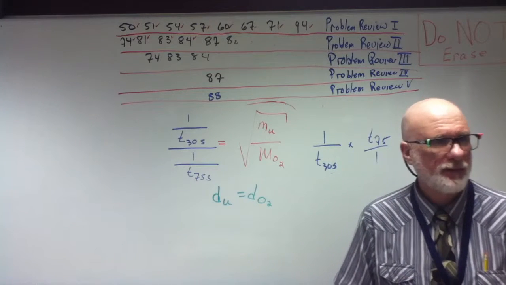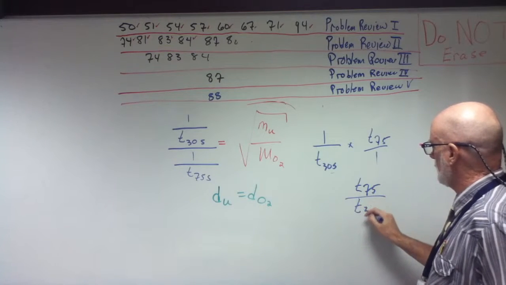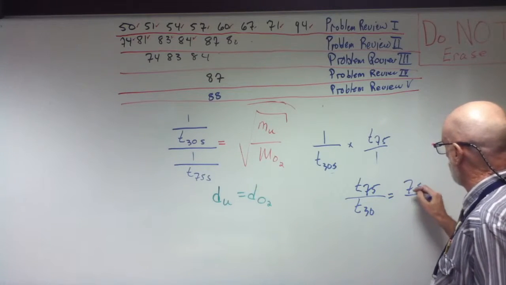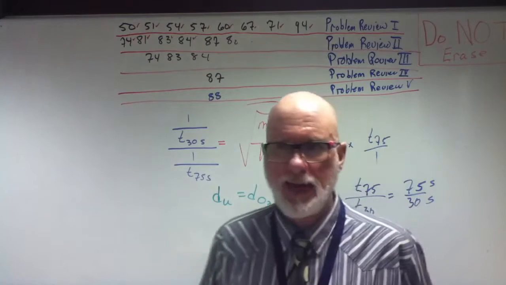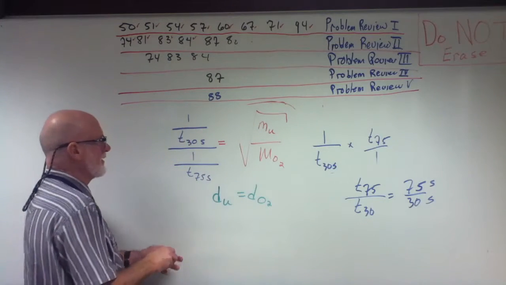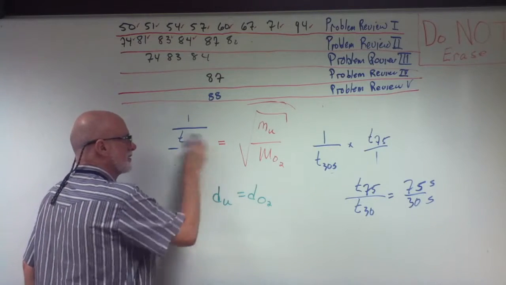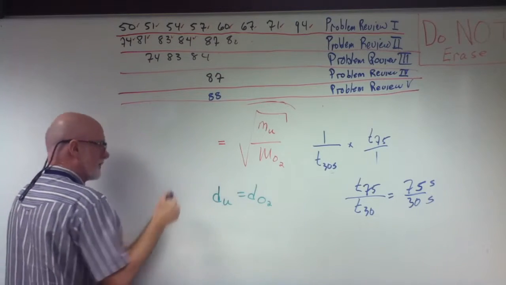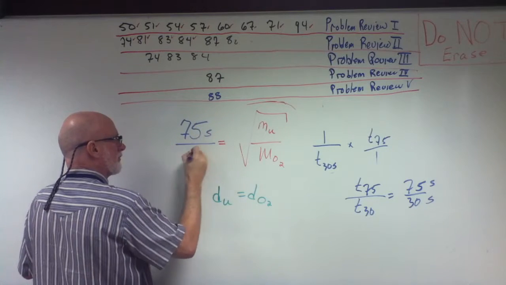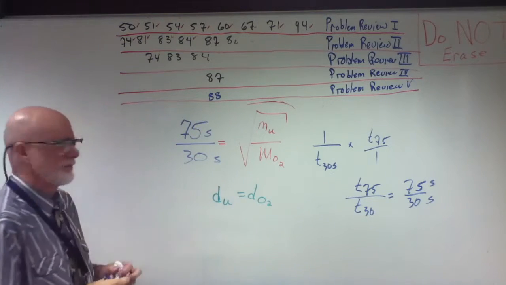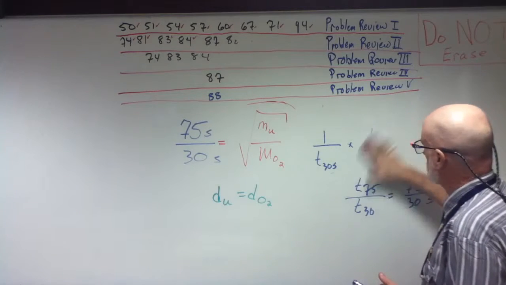So that's going to be t 75 over t 30 seconds, which is 75 seconds over 30 seconds. I'm okay with that? Therefore, this divided by this is this. Are we comfortable with that? Aiden, are you all right with that? Okay. I can erase this now.